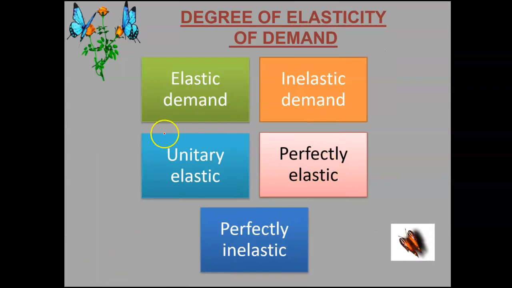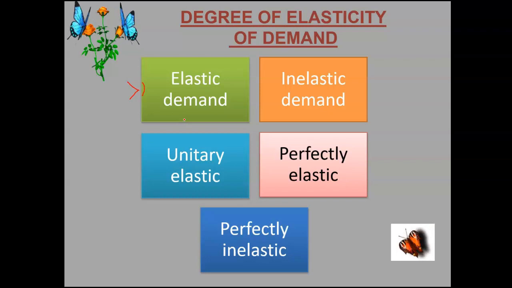Okay, so once kamu dah kira, kamu akan dapatlah jawapan, greater than 0, less than 0. So kalau elastic demand, kamu akan dapat jawapan dia akan jadi greater than 1. So as long as kamu dapat 1.5, 3.4.